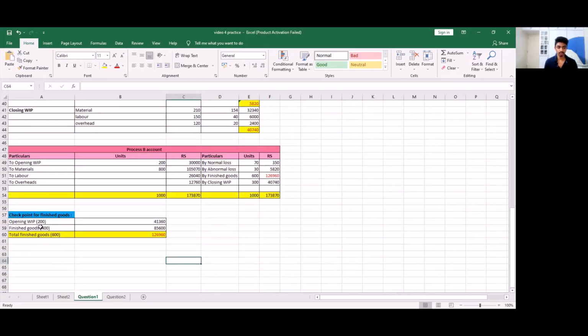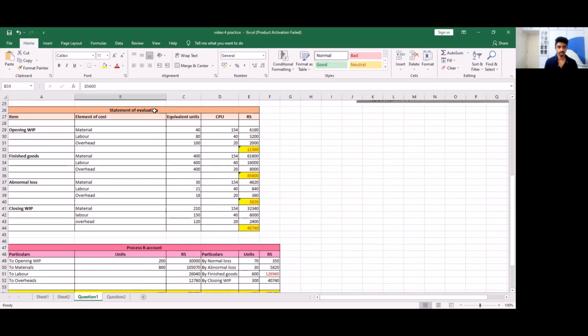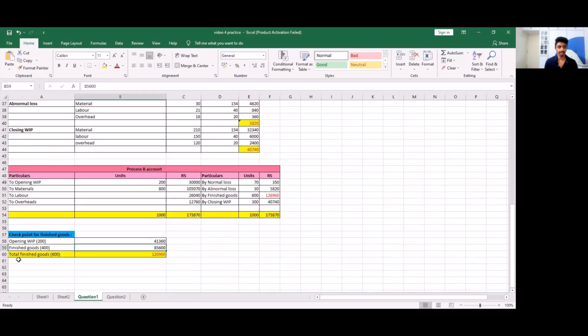So for these 200 units, it has costed us 41,360. And for these 400 goods, which we have made this year, it has costed us 85,600, which we got from our statement of evaluation. We get a total finished goods of 600 units valued at 1,26,960. And this is what is shown in our process account.